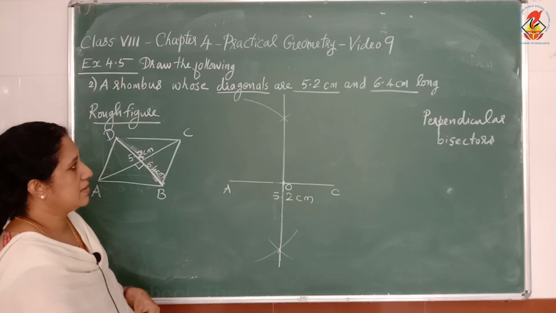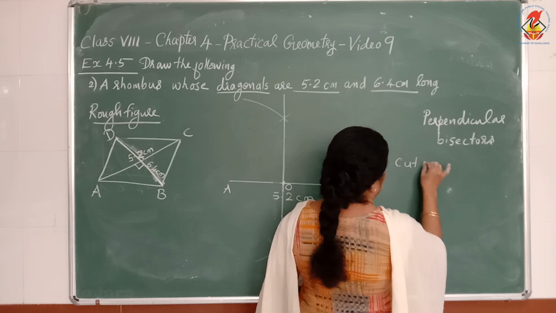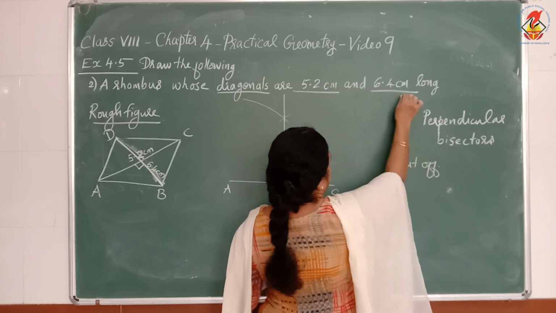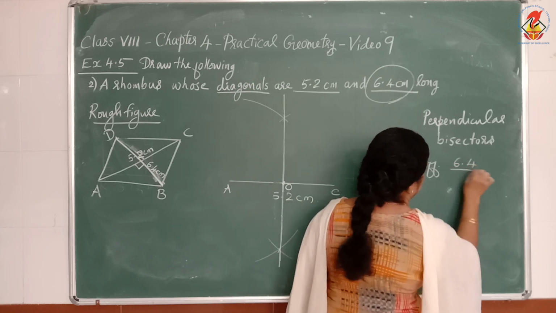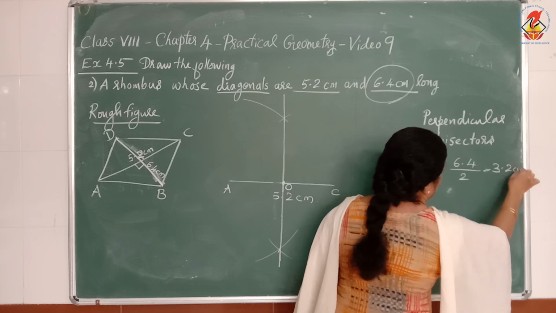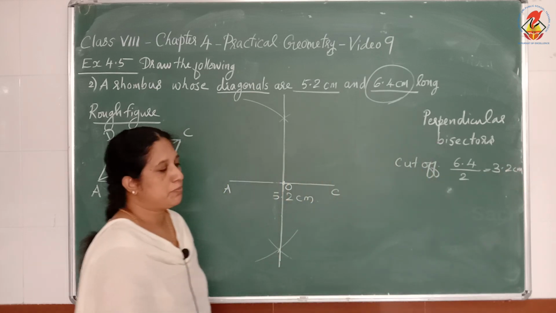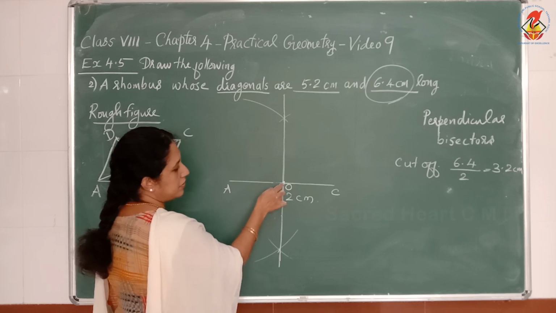Then next step, you have to cut off. The next measure is 6.4 centimeter, that is 6.4 divided by 2, which is 3.2 centimeter, on either side of this perpendicular bisector.